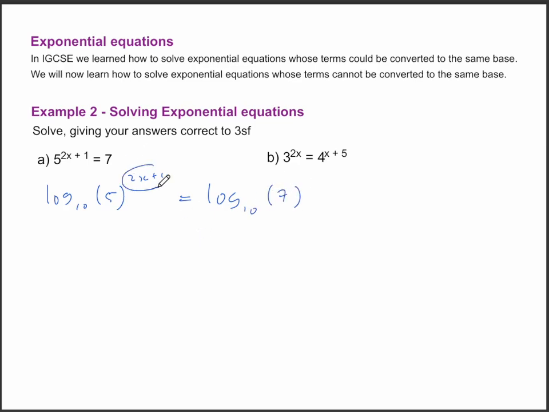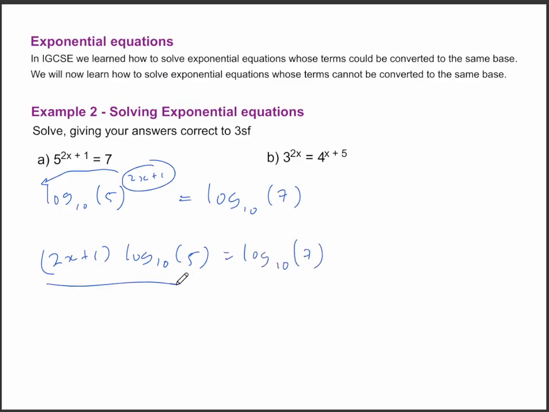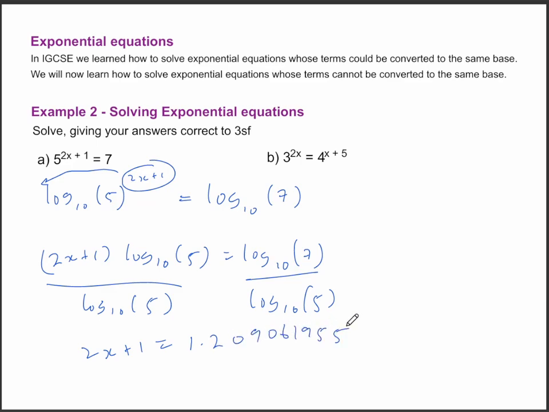Then remember, the power can go at the front due to the power law. So we end up getting (2x plus 1) multiplied by log base 10 of 5 equals log base 10 of 7. Then we can divide each side by log base 10 of 5, and we end up getting 2x plus 1 equals log base 10 of 7 divided by log base 10 of 5, which is just 1.209061955.